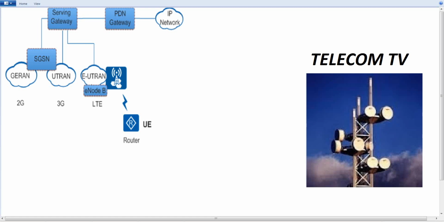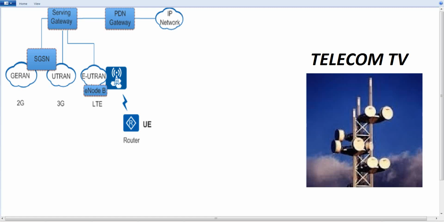It is basically for the UMTS. So what is UMTS? UMTS is the Universal Mobile Telecommunication System. This LTE is an improvement over 3G technology, but not equal to 4G technology. So LTE is actually a transition from 3G to 4G.